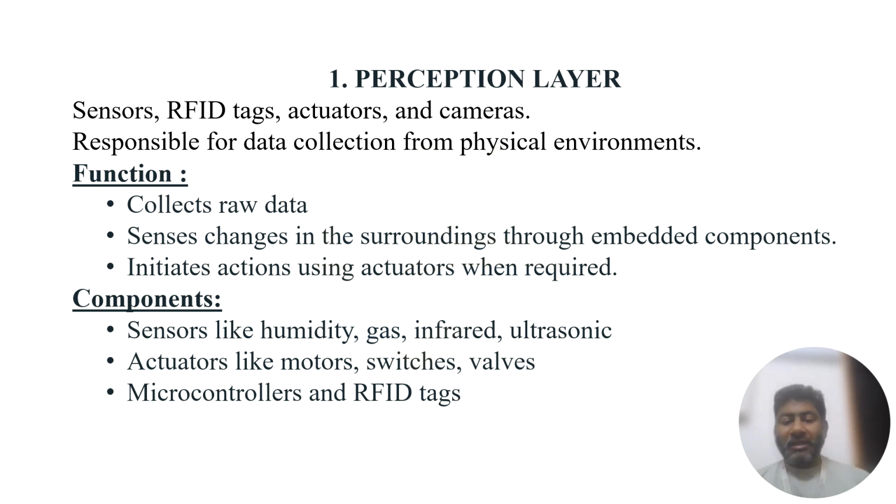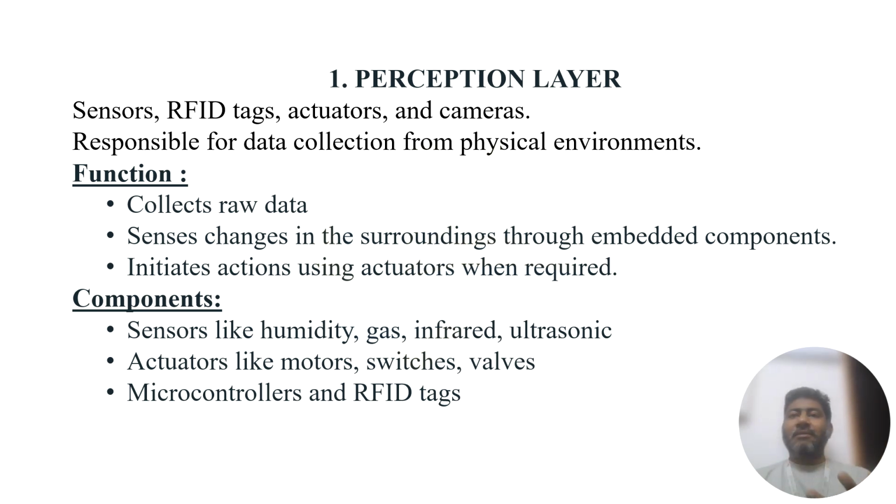Next, sensors like humidity, gas, infrared or ultrasonic sensors. So what does your gas sensor sense? It senses whatever gas you have programmed it for, or which you have bought the device for.